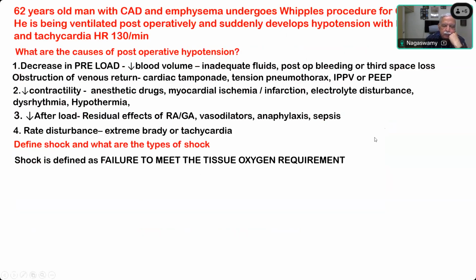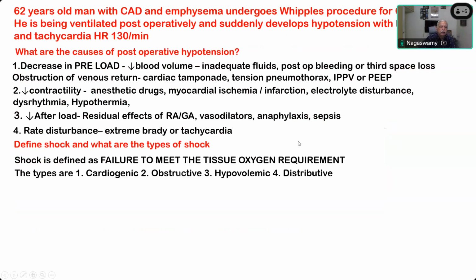Okay, that may be because of a defect in pumping or lack of hemoglobin or vasculature. So ultimately, the tissues don't receive oxygen for aerobic respiration. They resort to anaerobic respiration. So the types are cardiogenic, obstructive, hypovolemic, and distributive.